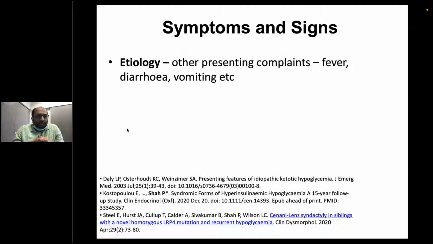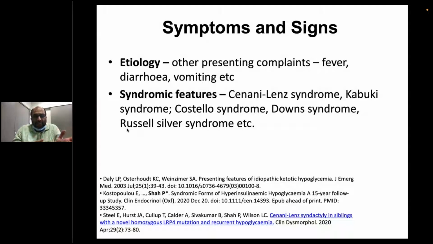When we talk about signs and symptoms, we look at whether there is any other etiology, for example if they are unwell with diarrhea, vomiting or fever. We also have to think about whether they are syndromic.